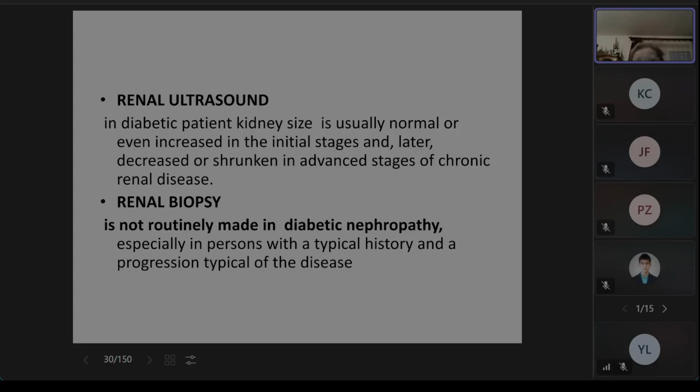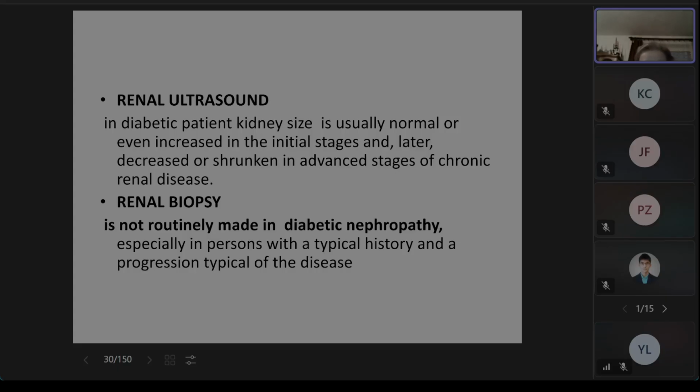Elevated size is because of the hyperfiltration and expansion of the mesangium in the kidneys. But in the advanced stages, especially in the 5th stage of chronic kidney disease because of diabetes mellitus, you will find kidneys shrunken. I would say they are rather small.